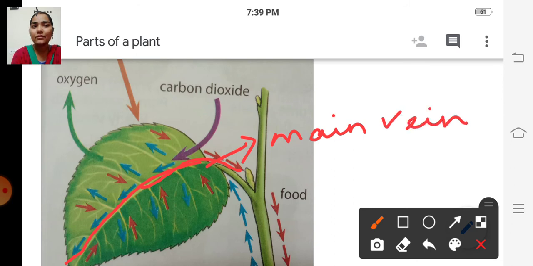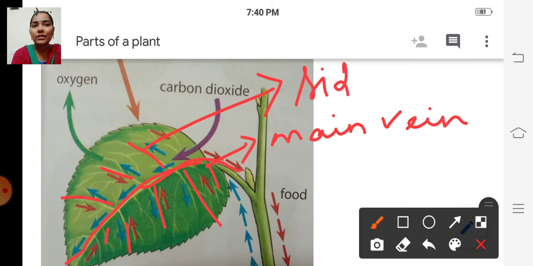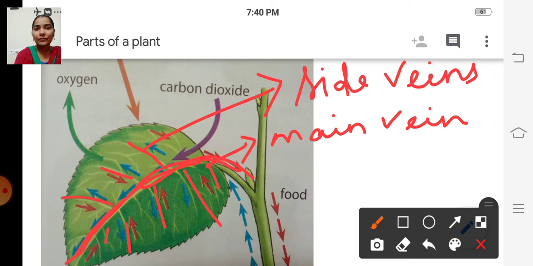From this main vein many smaller tubes go, and these are all called side veins. So through these veins water is carried to the leaves. And what are the uses of leaves?